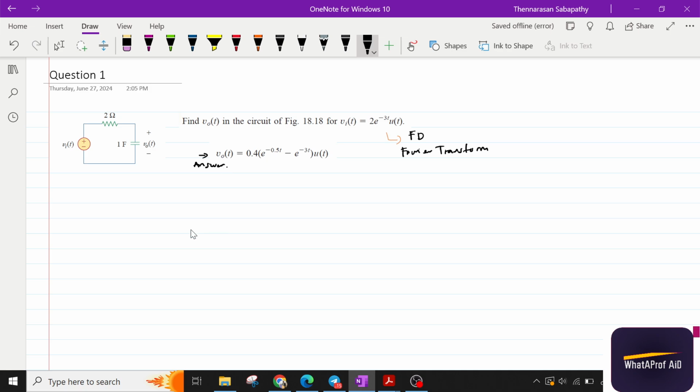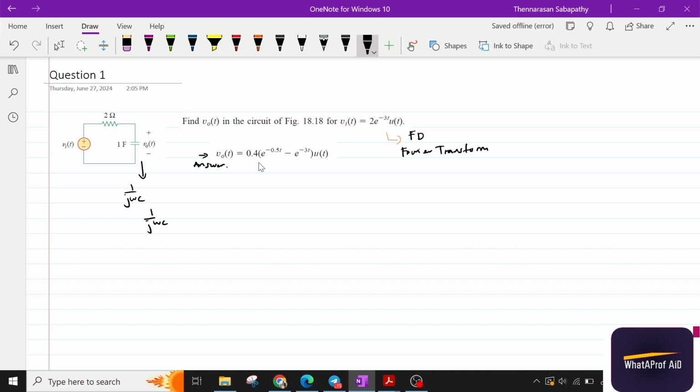Apart from changing this input signal, which is in the time domain, to the frequency domain, we also need to change this component into the frequency domain, where this will have 1 over j omega c, right? So c is actually 1, so you will have 1 over j omega.